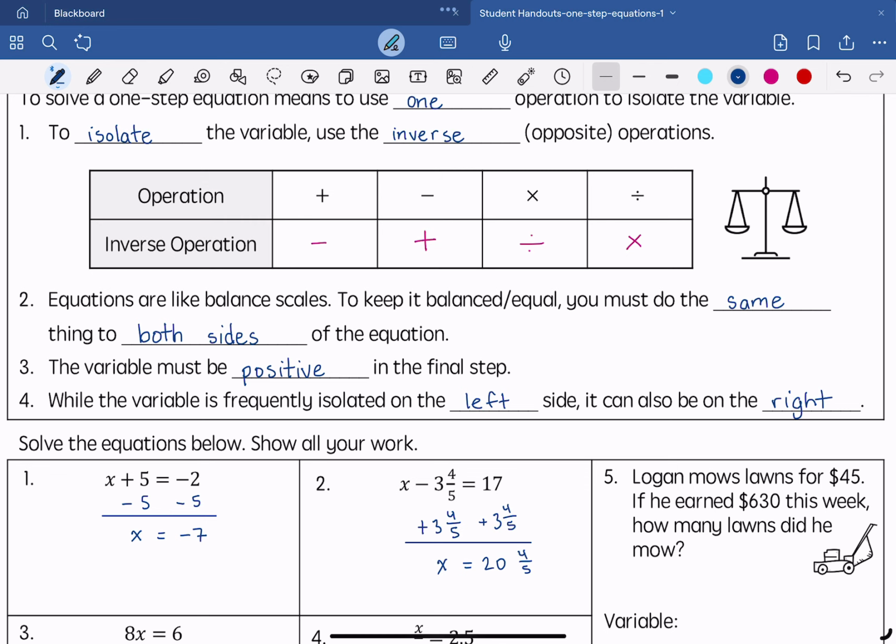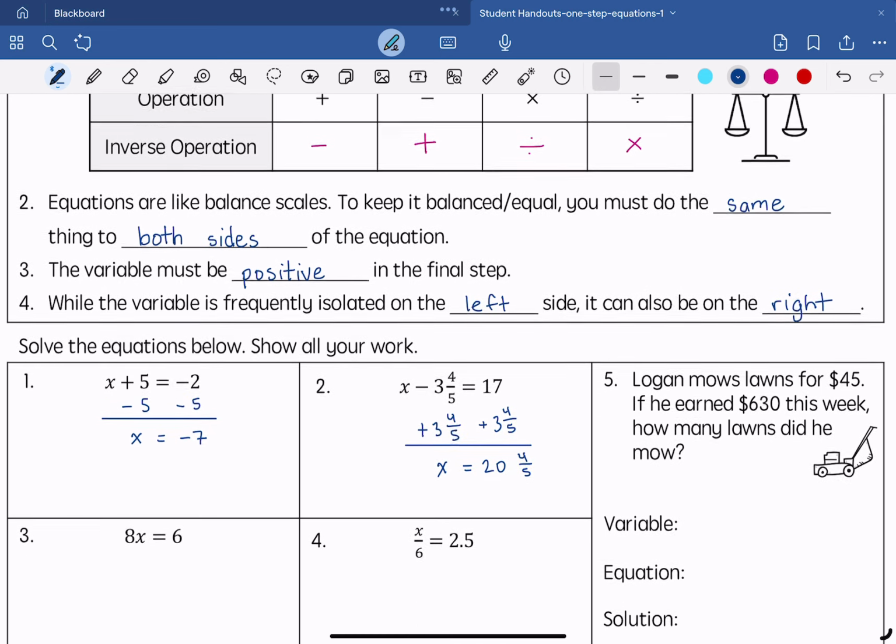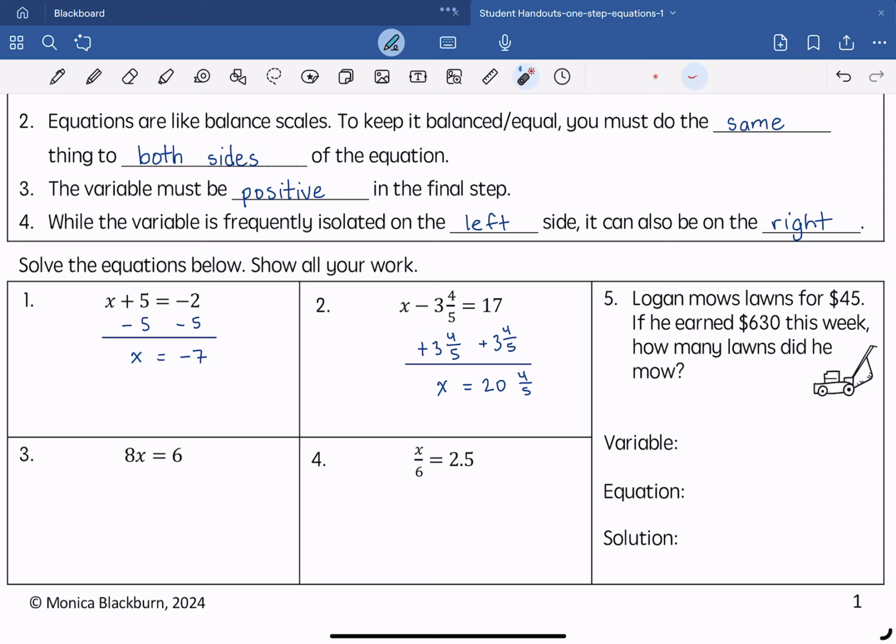So let's look at question number 3. Our equation has two expressions, expression 1 and expression 2: 8x equals 6. So what is the value of x to make this equation true?